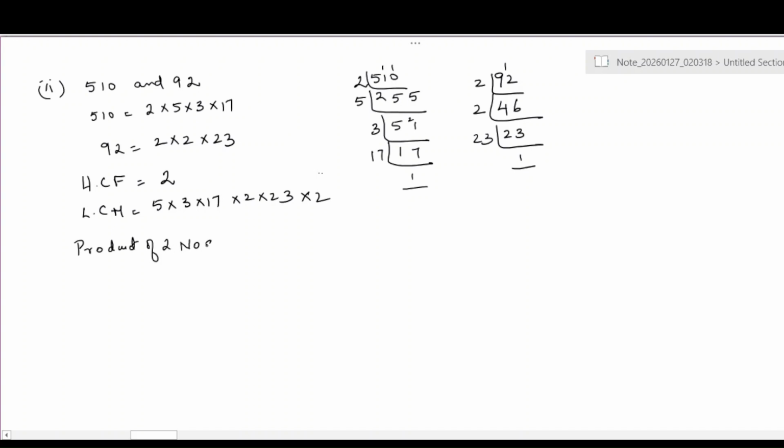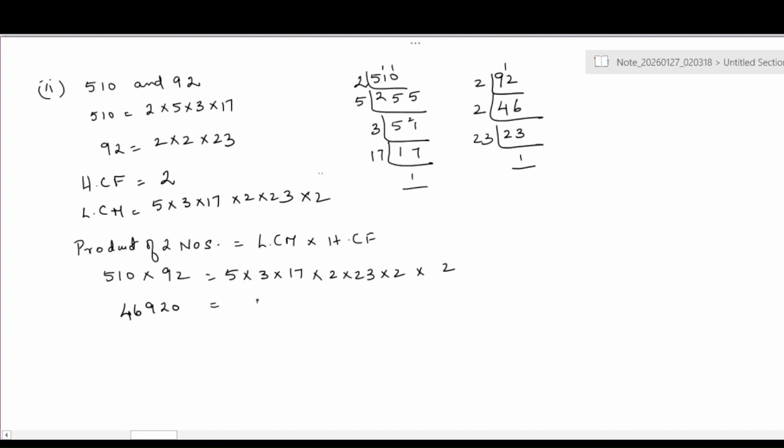Okay, now we'll write the statement, product of two numbers is equal to LCM into HCF. Product of two numbers will be 510 into 92. LCM will be 5 into 3 into 17 into 2 into 23 into 2. HCF will be 2. So this will be 46,920.